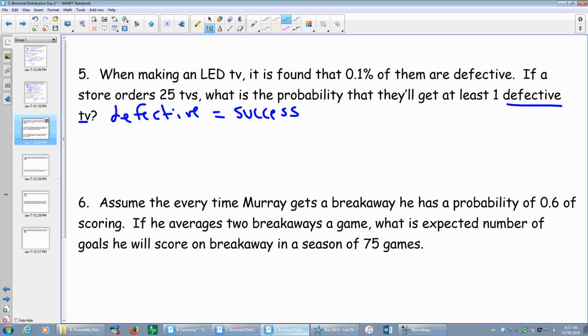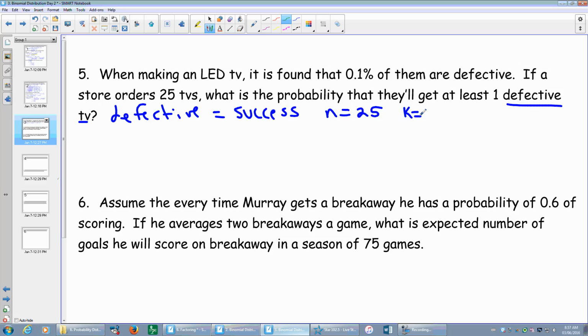So when I go through my information here, Pat, what is my n value going to be? Good. And my k value here is the number of successes. So I'm saying a success is a defective TV.